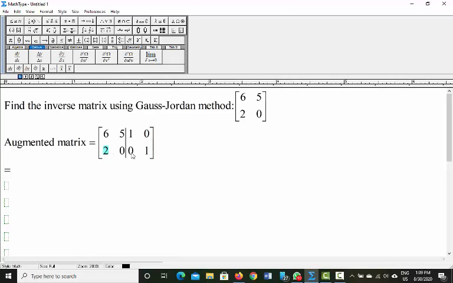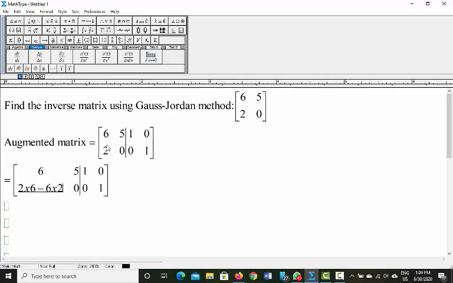So we will bring this 0 to here. So we will convert this one to 0. Right. So how we can do it? What we can do, we can multiply these one by 6 minus, and then 6 multiplied by 2. So in this way we can convert these one to 0.